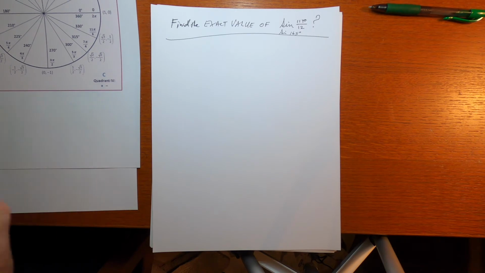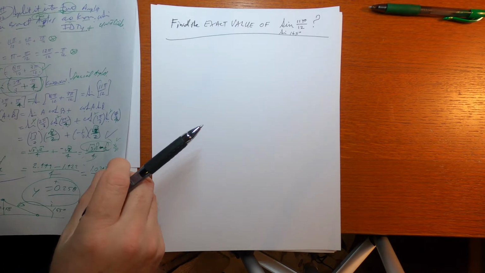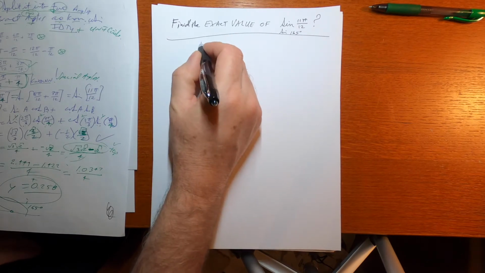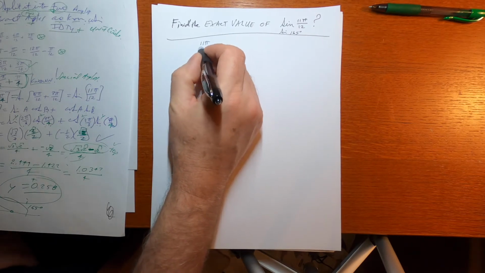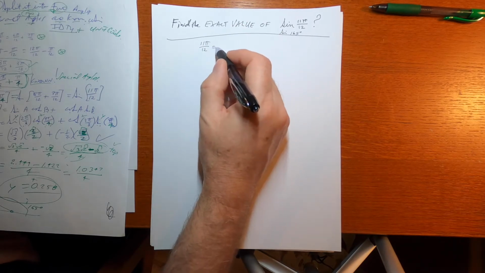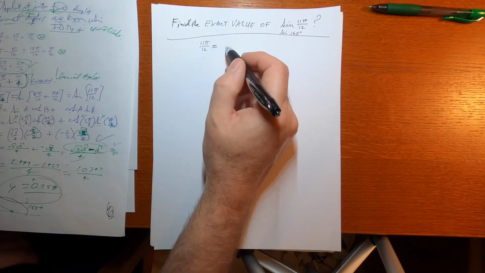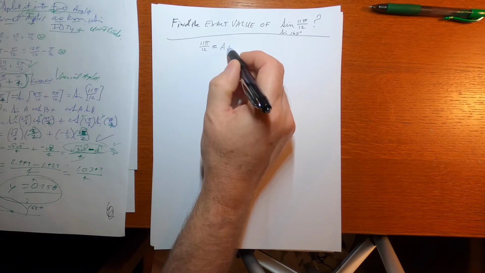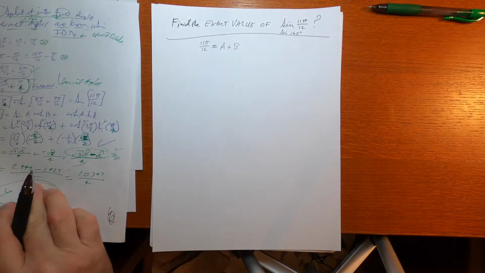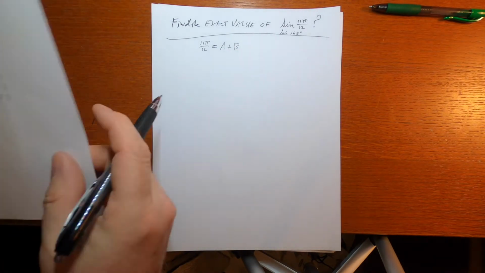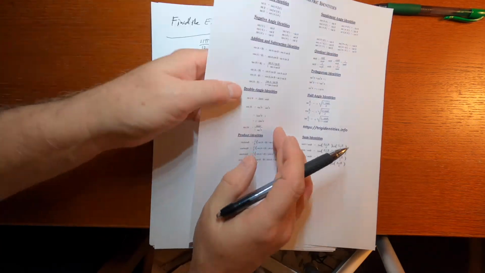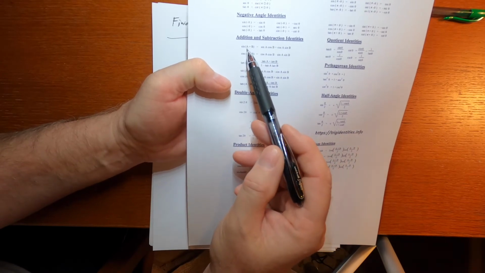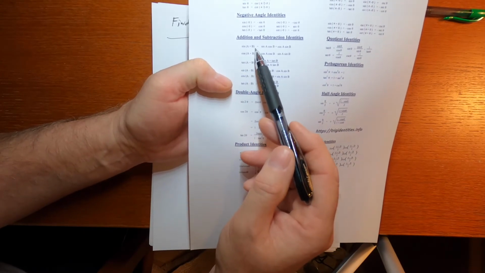That's the challenge. So what I did was I'm trying to break up this 11 pi over 12 into some combination of 2 angles plussing something. So I'm looking for the A plus B thing here, trying to get this into the form of 2 special angles that I know the answer of.